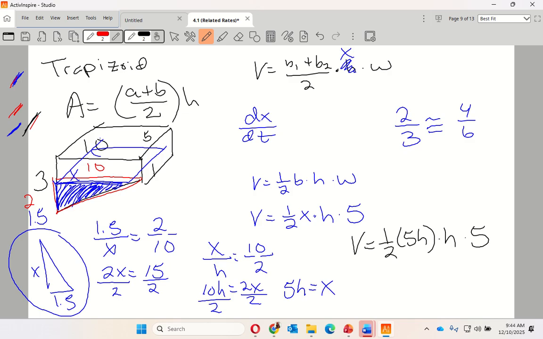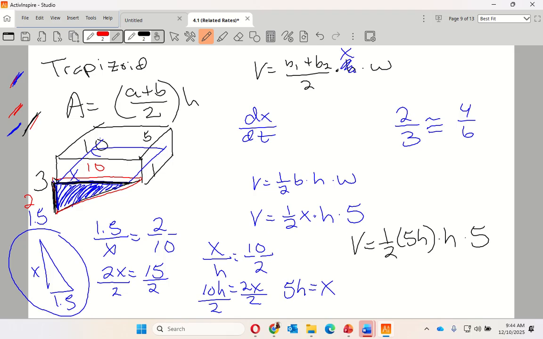Technically, could it also have been x squared? So could it have been x squared too? You could have, but then we would have been looking for this changing here. But we're only looking for this change right here, as it is 1.5.